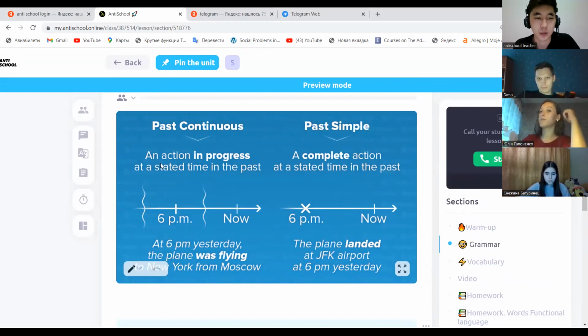So as it's written here, past continuous is about actions that lasted for a long time. Yeah, it's about process. This action can happen for 5-6 hours, and this is usually a process.